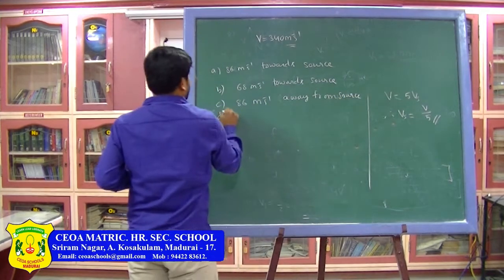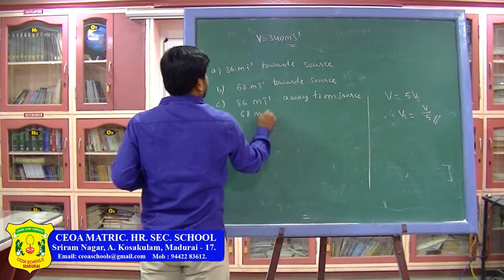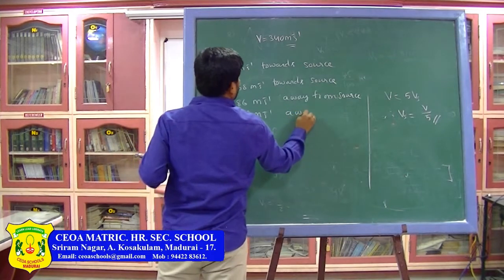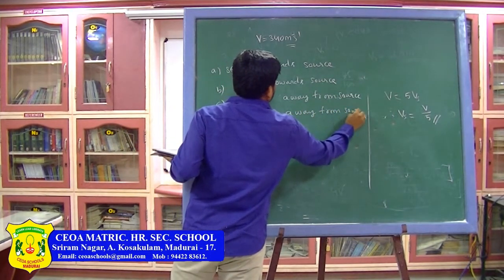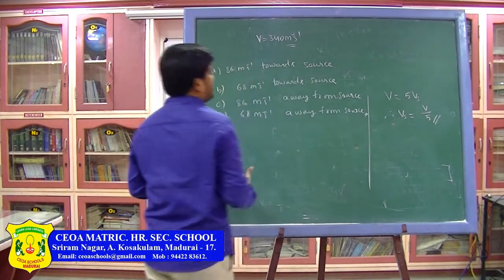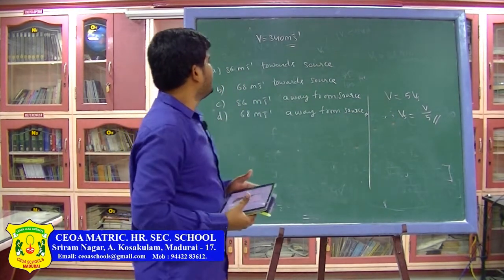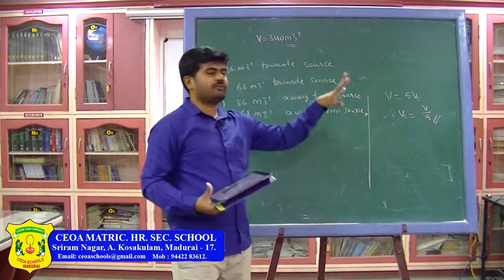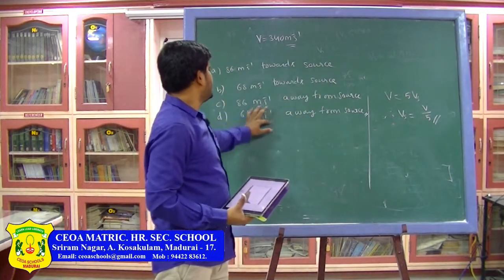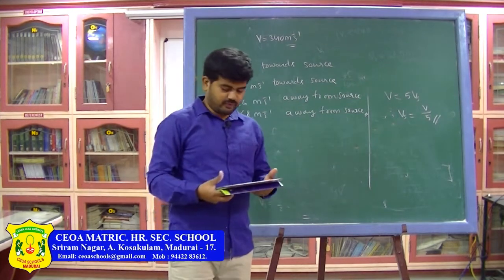And option D: 68 meter per second away from the source. So, these are the given options. Here you have to find two things: the direction of motion of the observer, whether he is moving towards the stationary source or away from the stationary source, and the value of the speed of the observer, which we have to find from the given data.